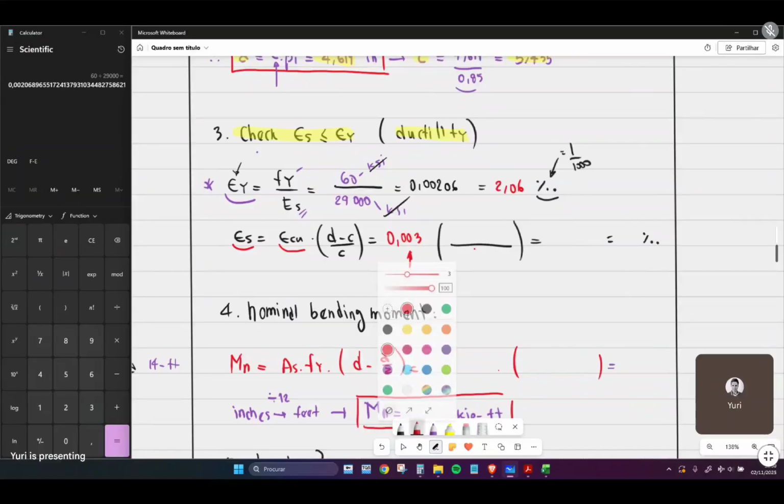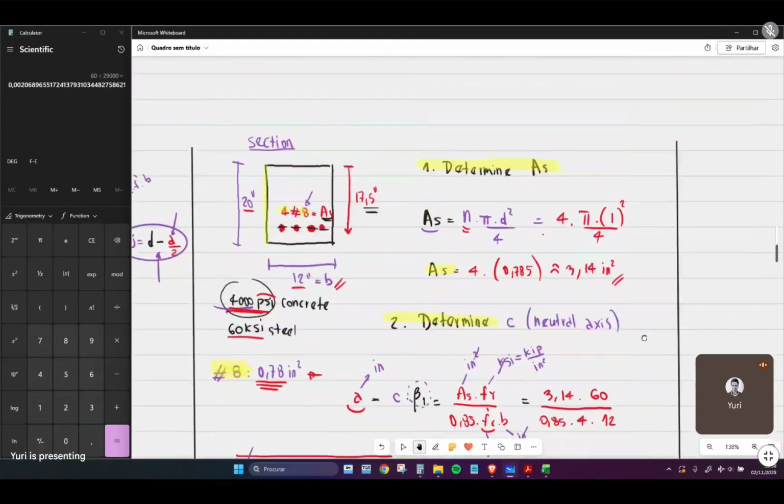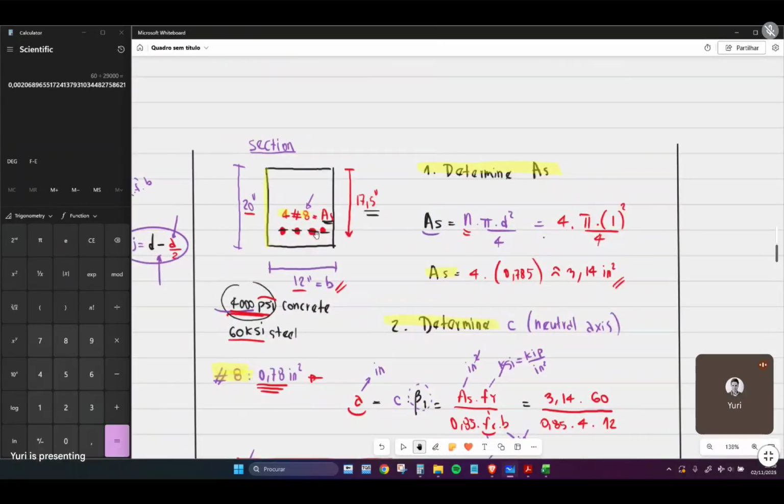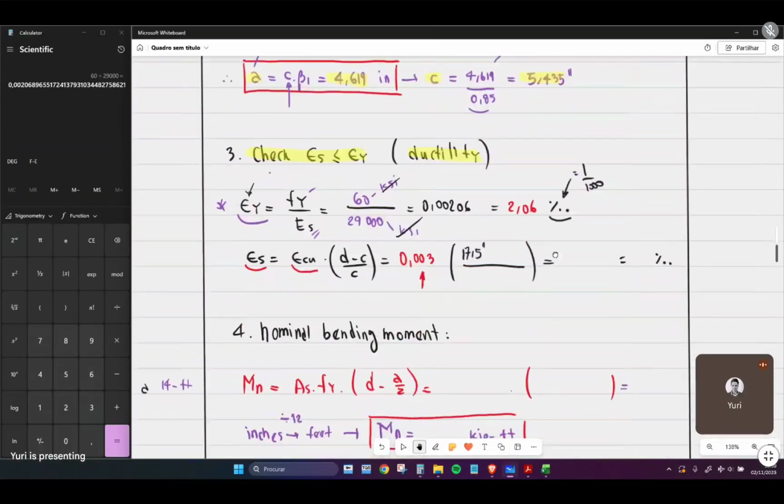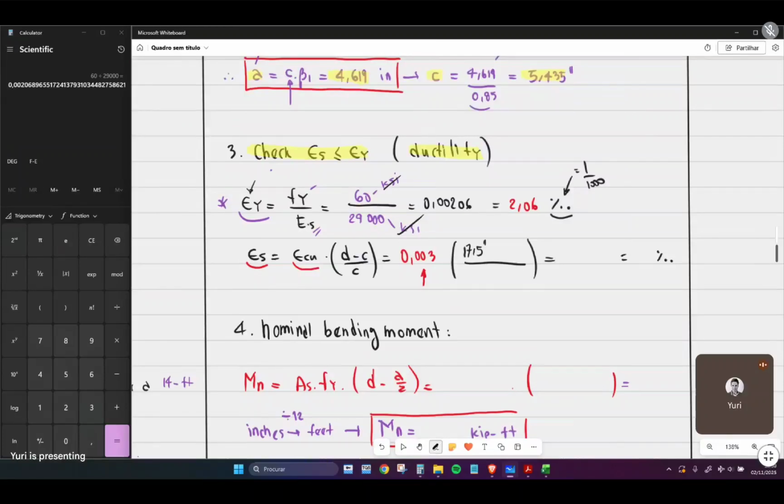The exercise gave us 17.5 inches, which is the position from the top of the beam to the center of mass of the reinforcements. And little c, which is the depth of the neutral line, which is 5.435.